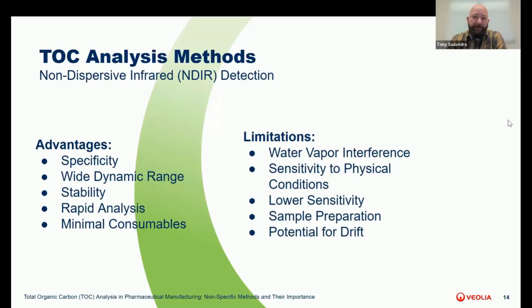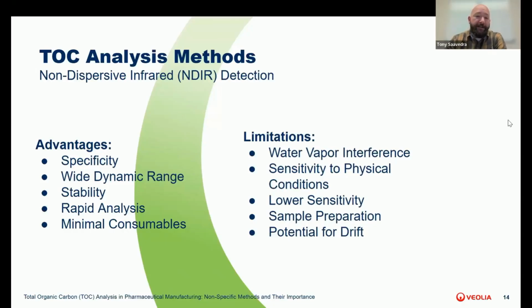It's also generally stable and requires less frequent calibrations compared to other methods, but you may need additional calibration ranges, right? So starting out from very low, maybe 0 to 50 parts per million, and then 50 parts per million up to 1,000 parts per million. The NDIR method has the ability to provide quick results, which can be beneficial for real-time or near real-time monitoring as well.